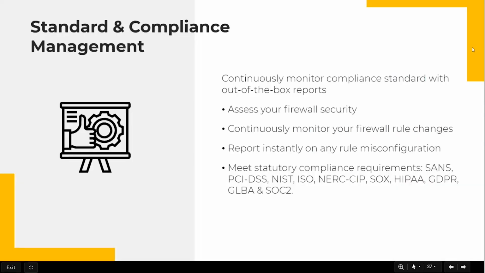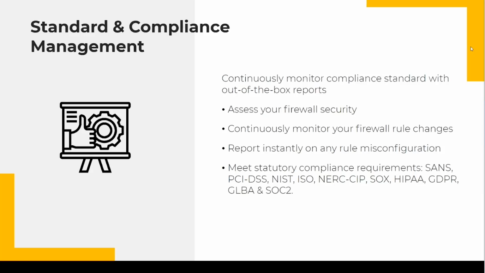Firewall Analyzer provides out-of-the-box compliance standard reports, which include SANS, PCI DSS, NIST, ISO, NERC CIP, SOX, HIPAA, GDPR, and Basel II. This helps you periodically check for compliance and also lets you assess your firewall security.